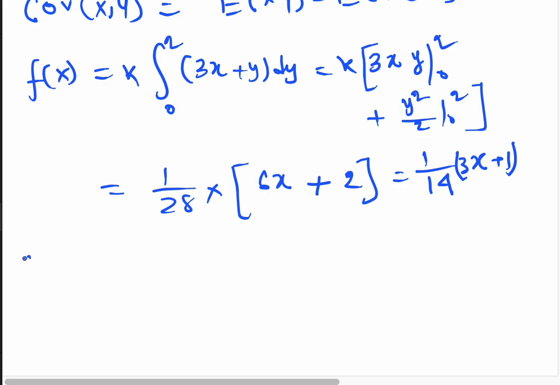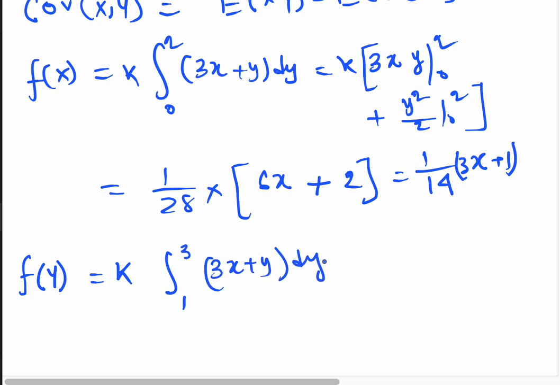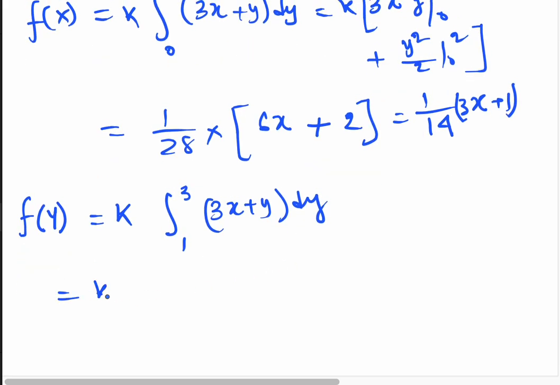And calculate f of y. It will be the integration from 1 to 3 of 3x plus y dx. This will be k times 3x square by 2, 1 to 3, plus y times 2.